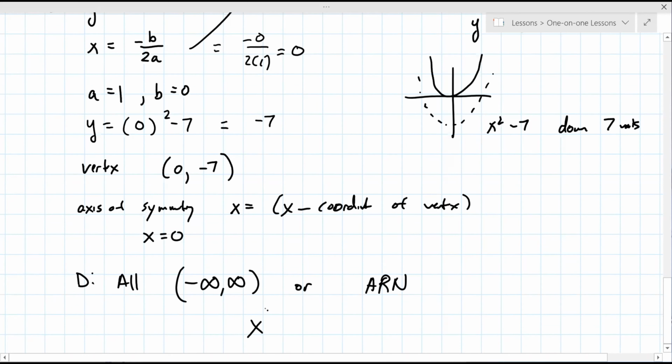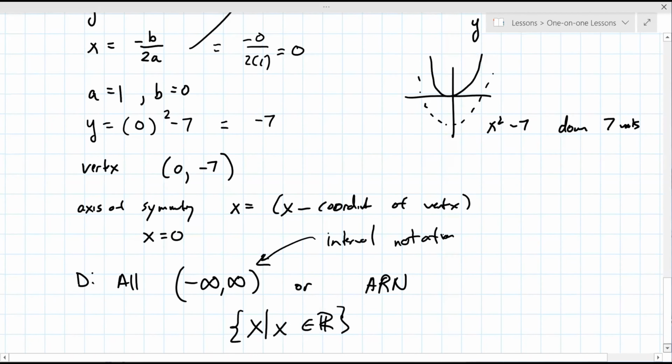Sometimes it's written in set builder notation, x such that x is an element of the real numbers. If you're using interval notation, that's the best one. It's not too mathy, and it's pretty clear.